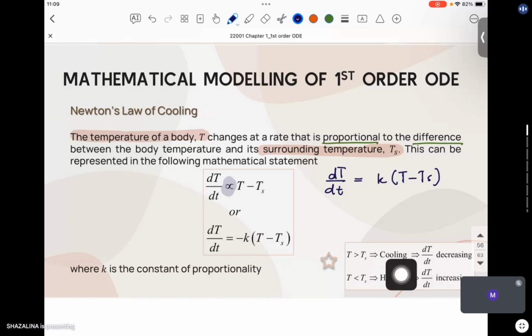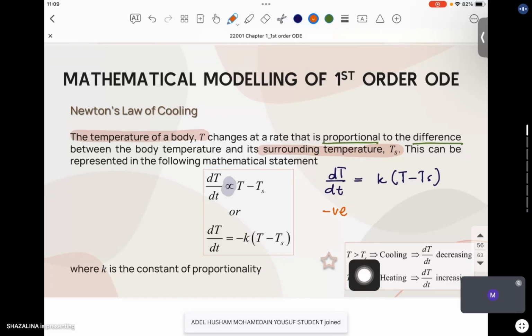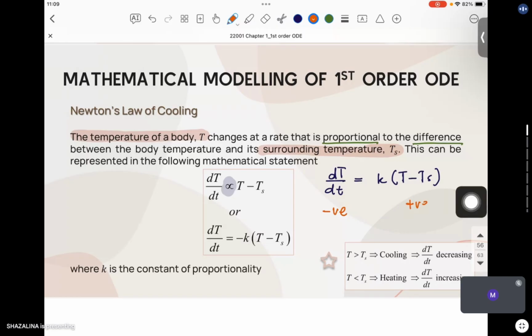Okay, for the cooling system, penyejukan, the rate of change decrease. Decrease maksudnya mengurang. So suppose kat sini is negative, menurun. Okay. Tapi the body temperature is higher than the surrounding temperature. When it minus, suppose here is become positive value.